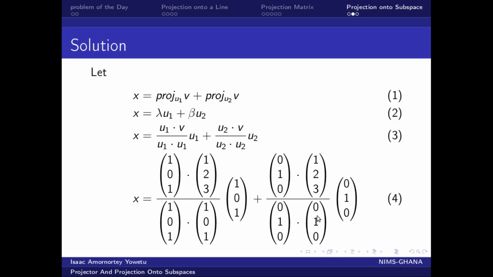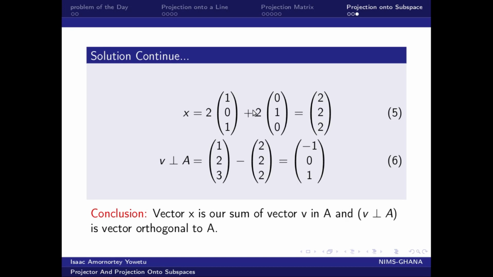So 2 over 1 is 2 times the vector. So to get our vector x, the scalar 2 times the vector here plus the scalar 2 times the vector here gives us our 2, 2, 2.